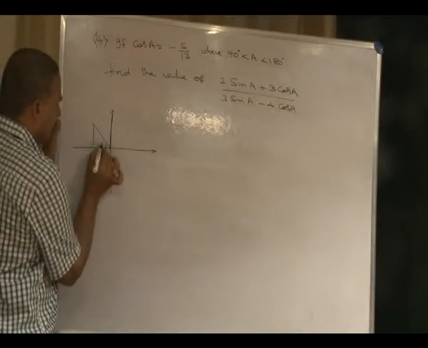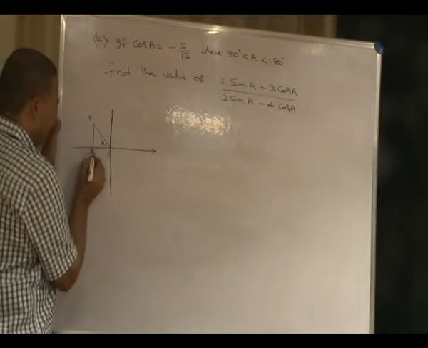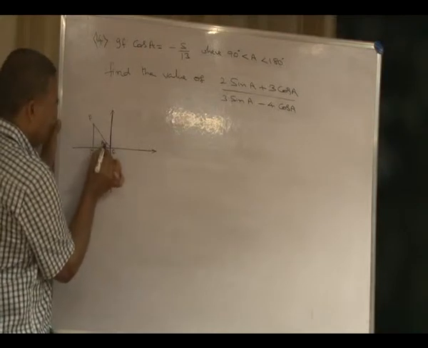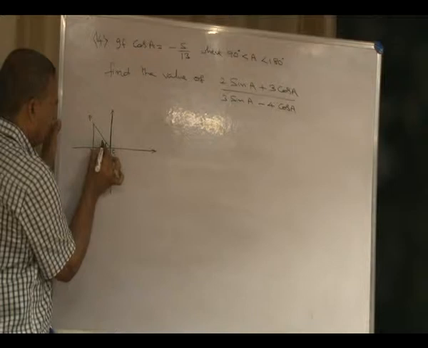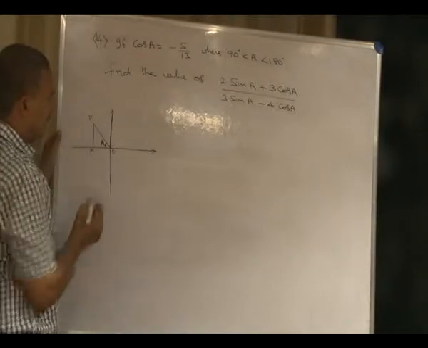This is angle A, in triangle PMO, angle POM is A. Cos A equals minus 5 by 13 is given.